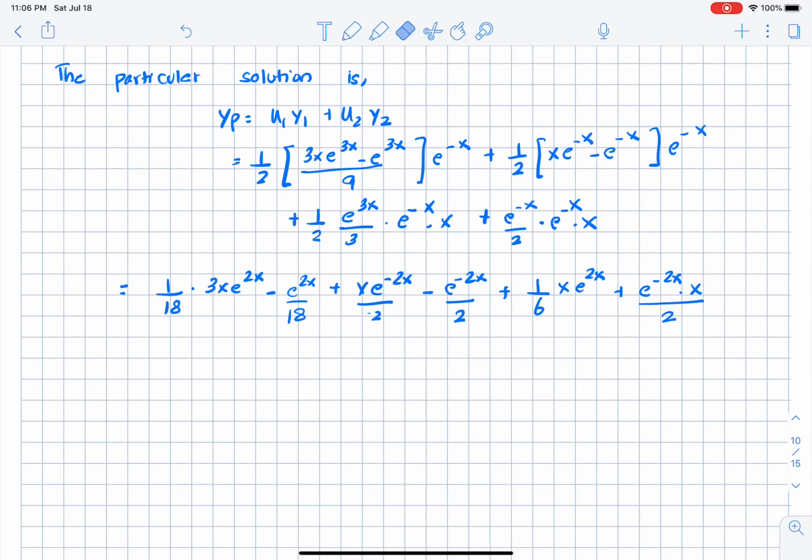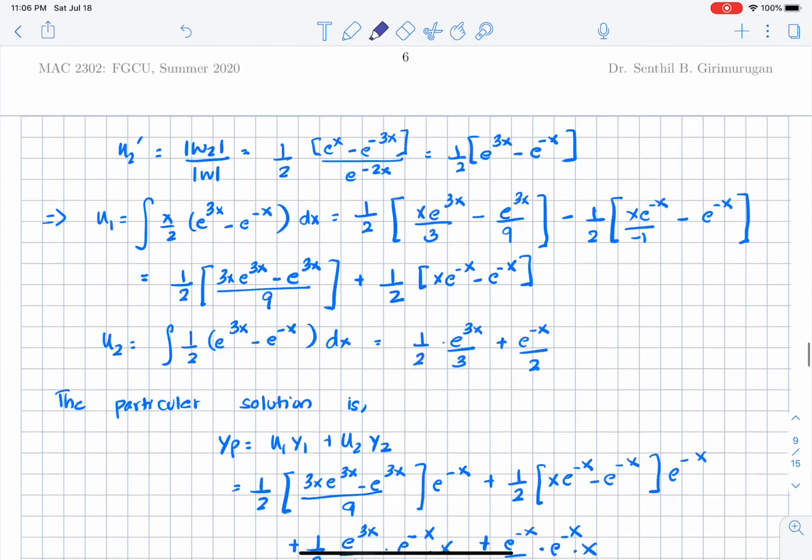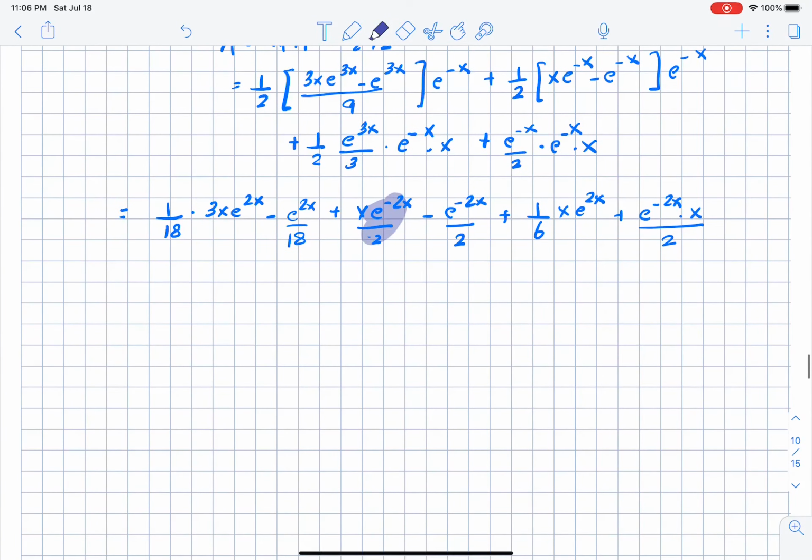If I combine that term with that term, I would get x e^(-2x). I can combine that term with that term. That would give me 2/6 x e^(2x).